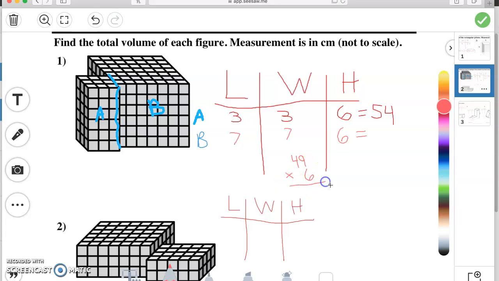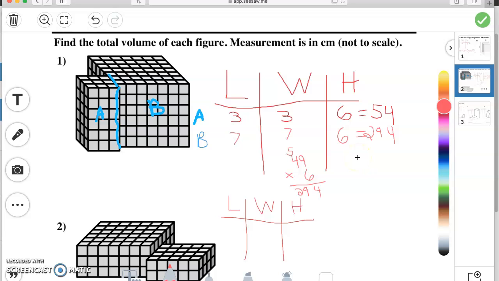So I'm going to go ahead and use the traditional method to do that. I know 6 times 9 is 54. And I know 4 times 6 is 24. If I add 5 to that, that will give me 29. So 294 is my final volume for prism B.